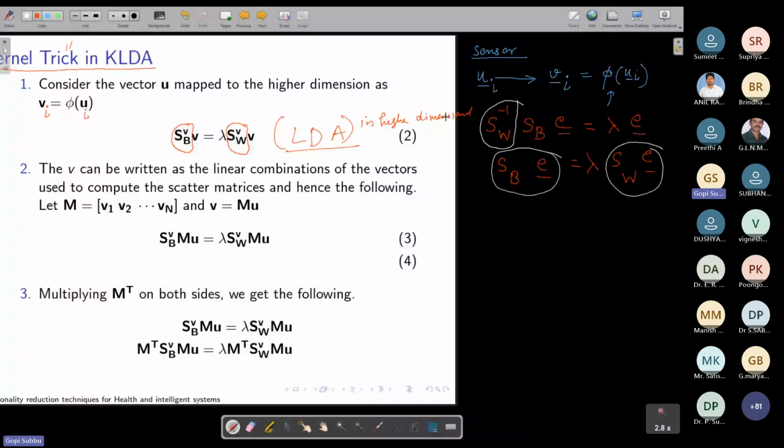And this V is the eigenvector in the higher dimension space, right? Now, another interesting property we are exploiting here to represent this eigenvector. This V is the eigenvector. Remember that it is eigenvector in the higher dimension space. Okay.